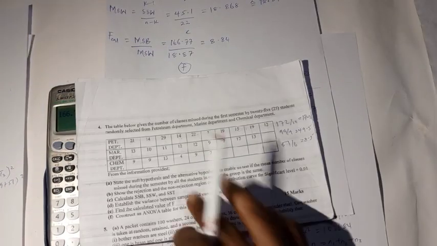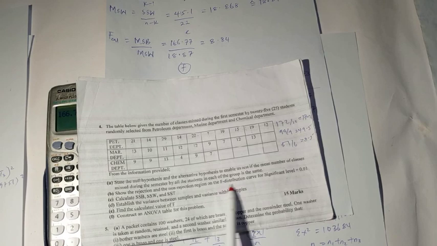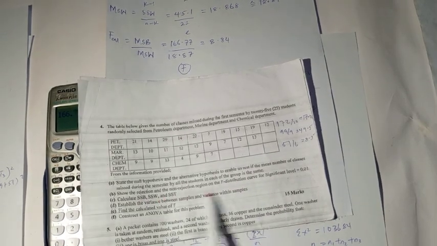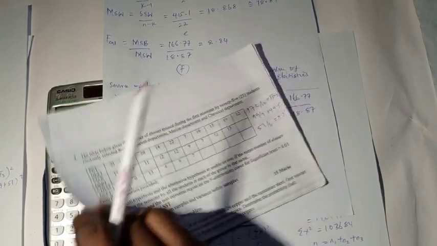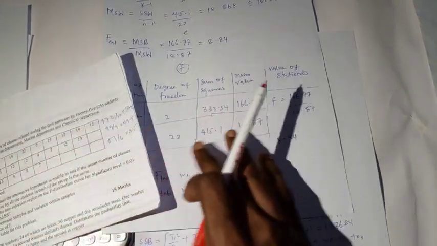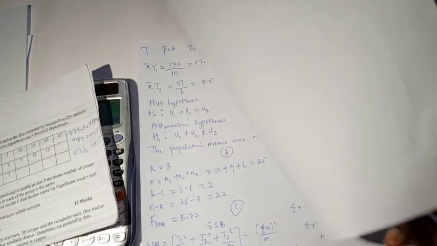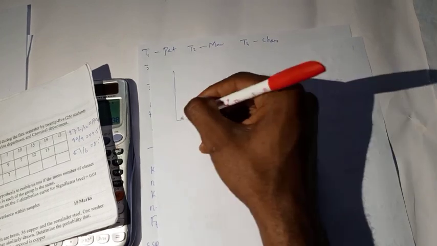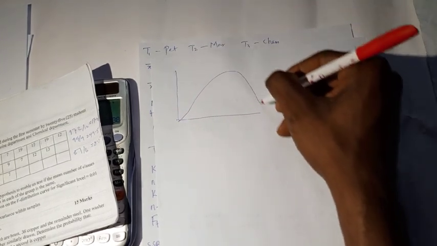Now from the question, we were asked to draw the curve to show the rejection and non-rejection region. To draw the curve is very simple. We just draw a line and then take a curve.